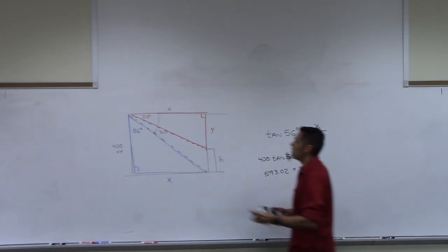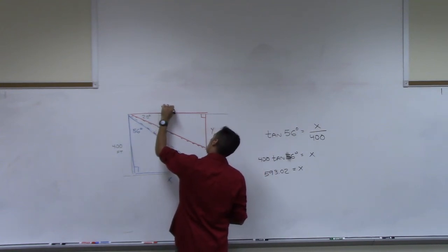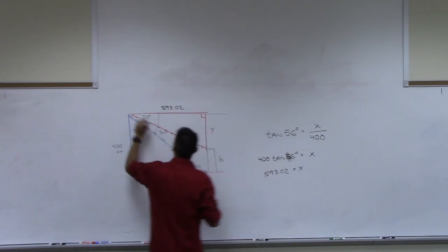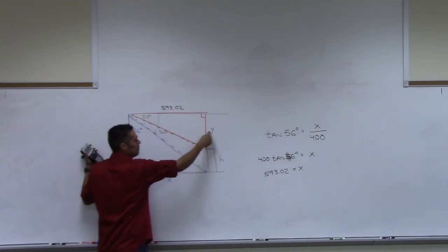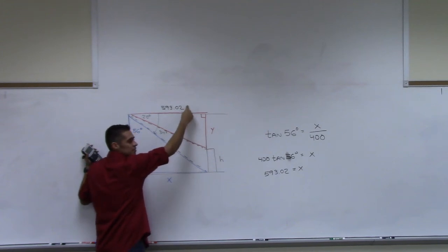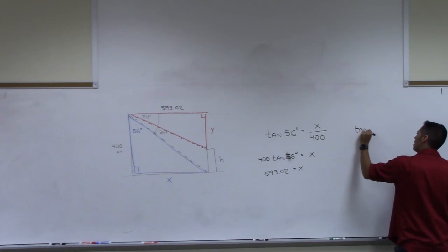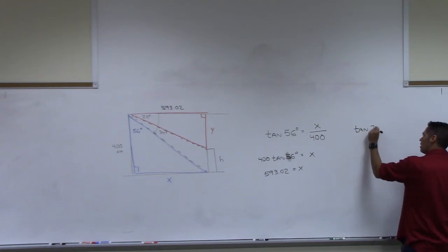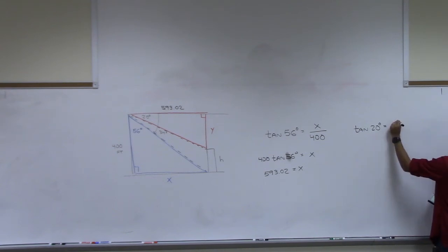Okay, now I can come back up to this triangle and replace that with 593.02. And now working with the red triangle, I have 20 degrees opposite and adjacent. So I can now write down a different equation. Tangent of 20 degrees equals y over 593.02.